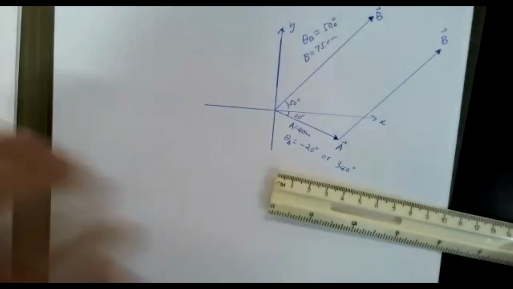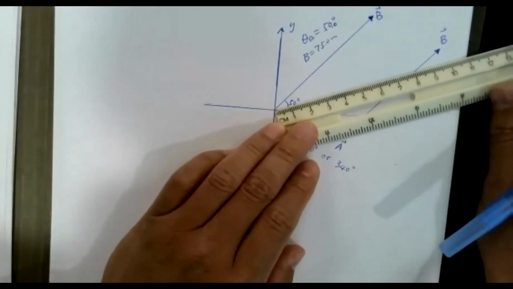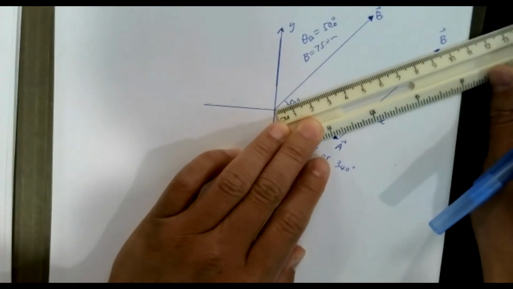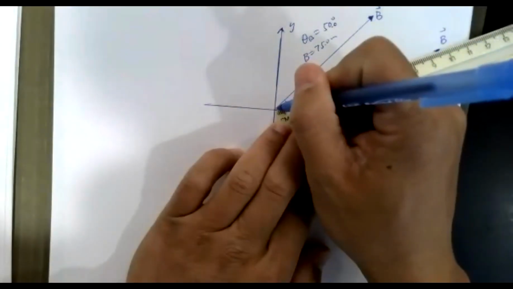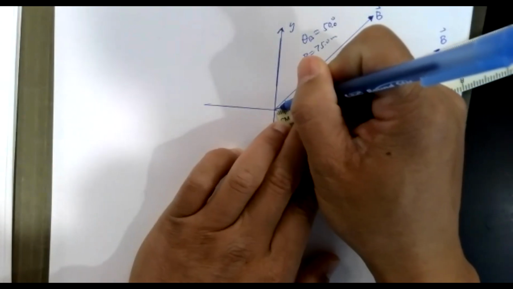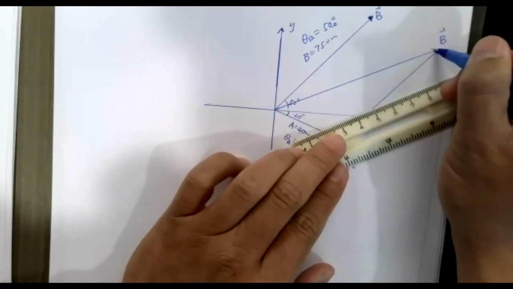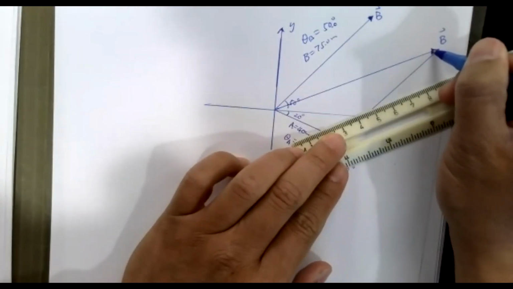Okay, then your resultant vector should be from here to there. Okay, resultant will be the tail of the first vector pointing to the head of the second vector. Okay, so this will be your resultant C vector.